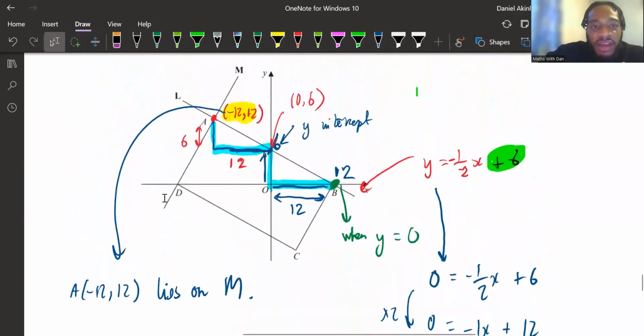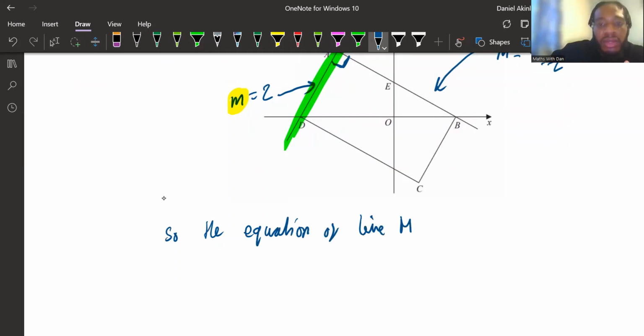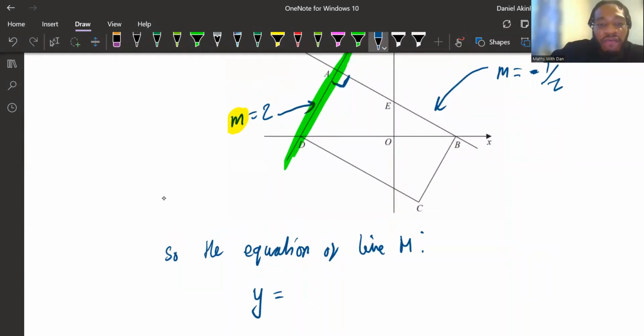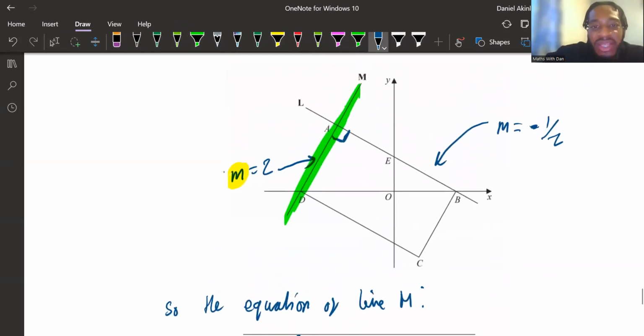So now, to find the equation of the line M, it's going to be y equals, and remember, this is the gradient of 2, so y equals 2x plus c, because we need to find out what the y-intercept is.